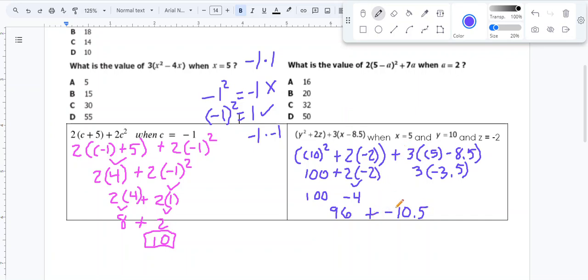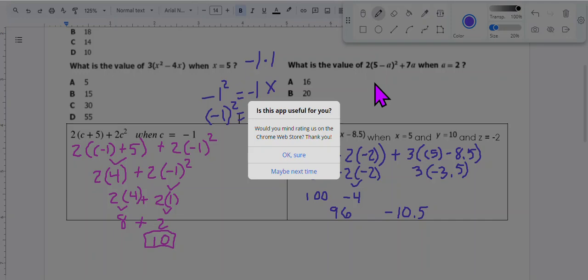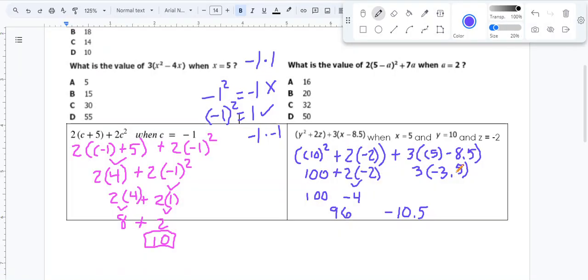If I'm adding a negative, once again, that's the same thing as subtraction, so I can get rid of that plus sign. So what is 96 minus 10.5? That gives me 85.5. 85 and 5/10, or 85 and a half.